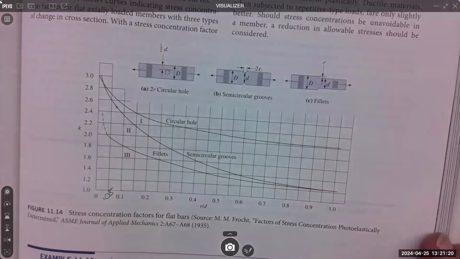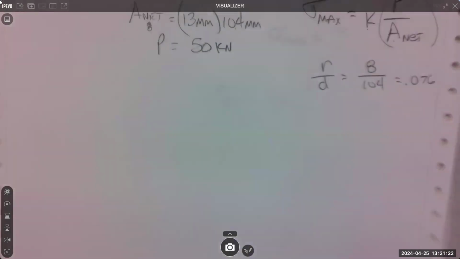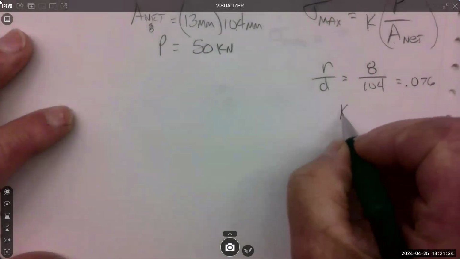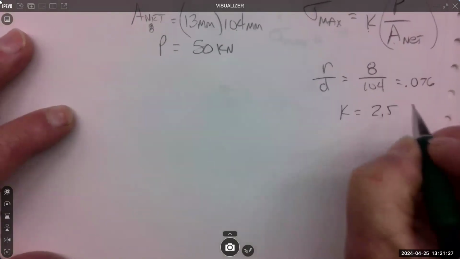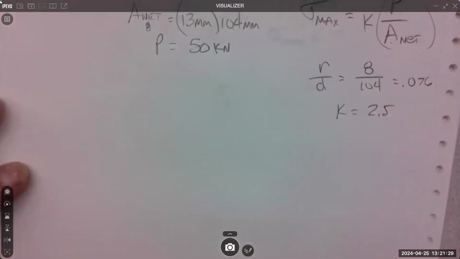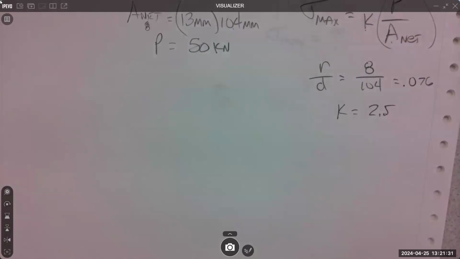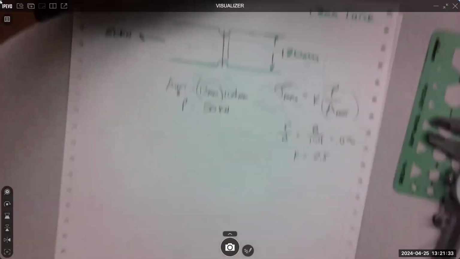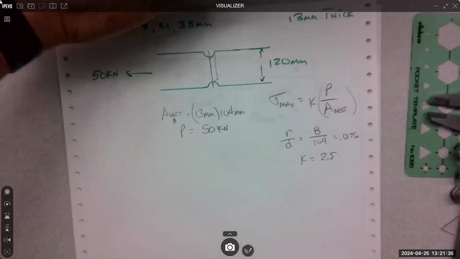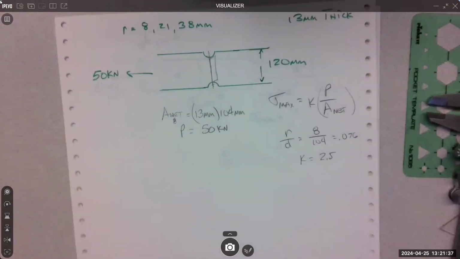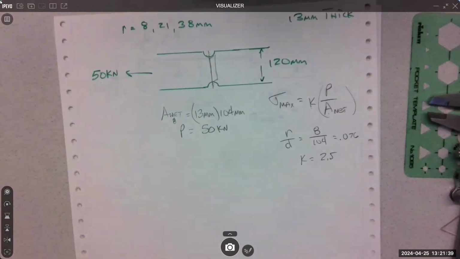What numbers did you get if you remember? 2.45 for the actual. I got 2.5. Okay, that's all good. It's perfect, but that'll make your answer different, right? So to match the book, you'd have to use the same exact K factor that they used, and you don't know what they used. You could probably reverse engineer it to figure out the K factor, but no need to do that.